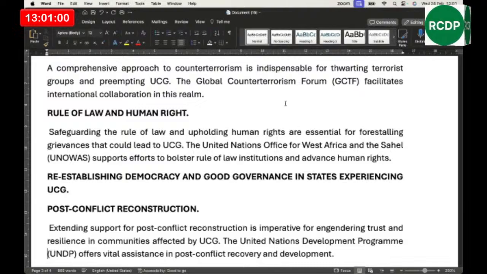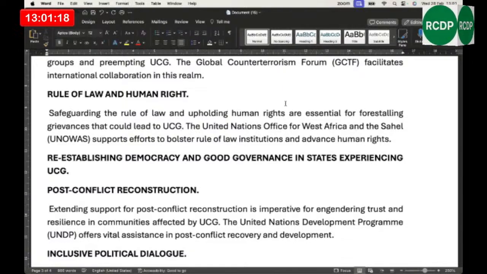Together, through concerted efforts and unwavering commitment, we can build a future where peace, security, and good governance prevail. So, let us join hands to support the RCDP in its mission to create a brighter and more prosperous West Africa for generations to come.